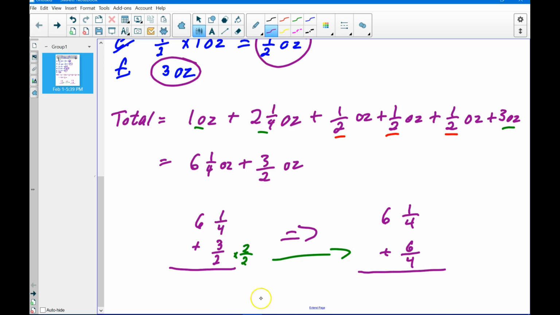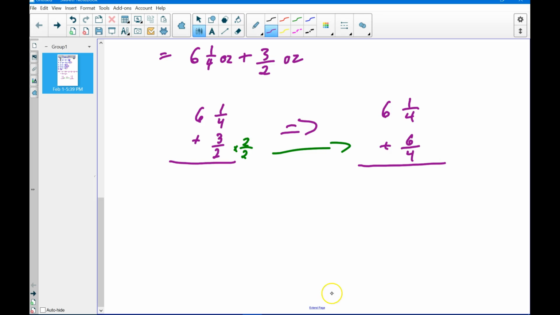And then I add them. Now I can add these pieces right here: 1/4 plus 6/4 gives us 7/4, and 6. But 7/4 we know can be reduced: 4 into 7 once with 3 left over.